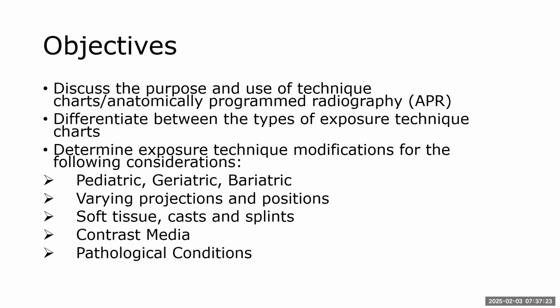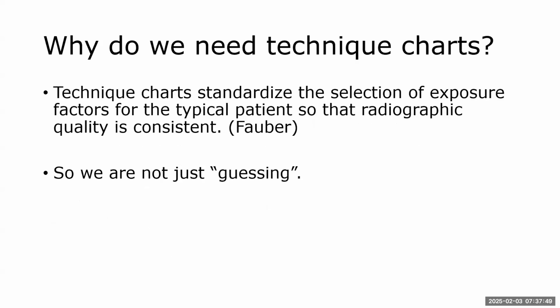So how do you change your technique if you're going from an AP to a lateral lumbar or an AP to an oblique lumbar, which you'll be doing in lab for Yolanda next week, I believe. How you adjust if you have soft tissue, if they're specifically looking for soft tissue, if the patient has a cast or a splint, if we're using contrast media, and how pathology can affect our determination of our technical factors.